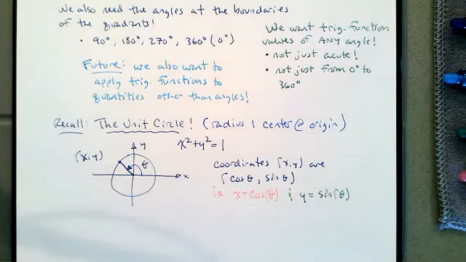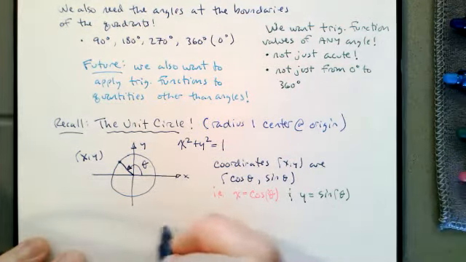So since x is cosine theta and y is sine of theta, I can replace those in the equation for the circle and come up with an identity involving cosine and sine. So x squared plus y squared is equal to 1.